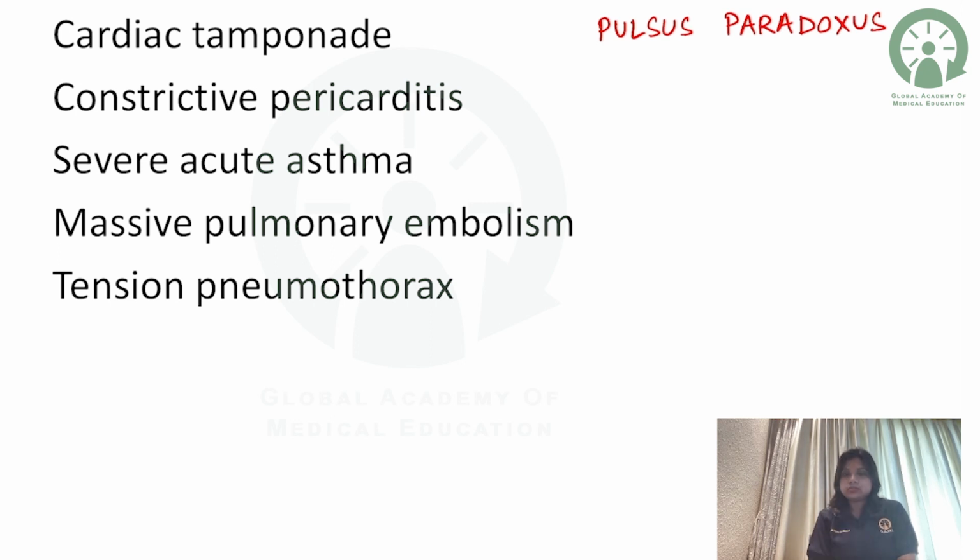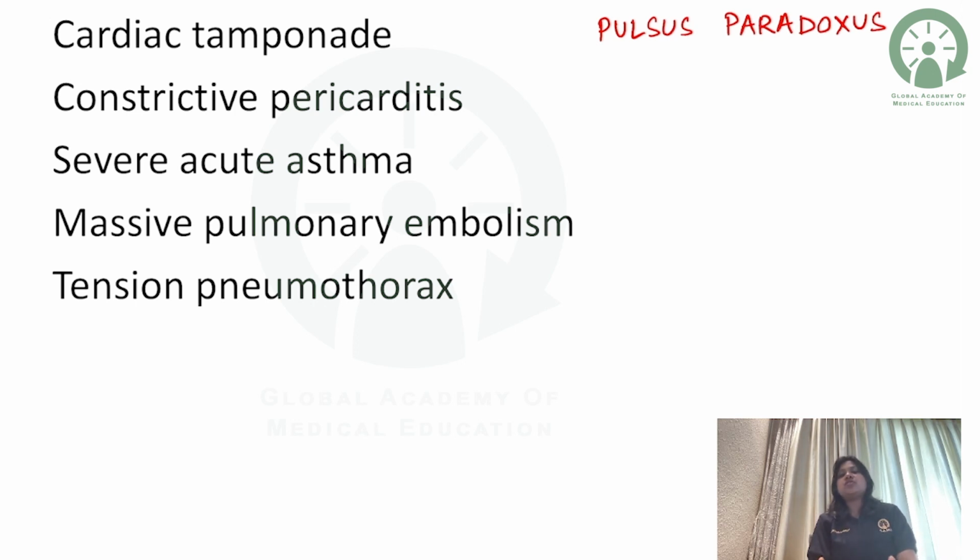BP falls. This is a normal event. Why? Because during inspiration, there is increased venous return to the right side of the heart. Definitely, there is a septal bulging towards the left. Because of that, the stroke volume from the left ventricle decreases and there is a hypotension. So, usually, there is a fall in BP during inspiration, which is a normal event.